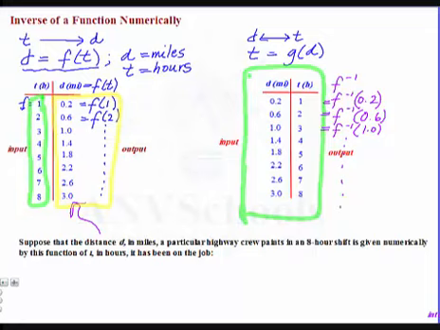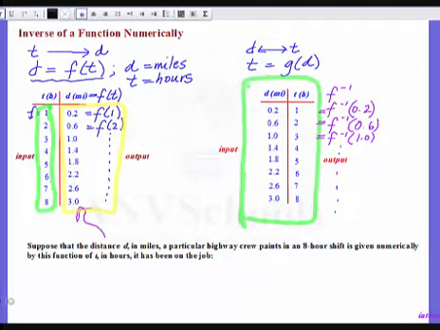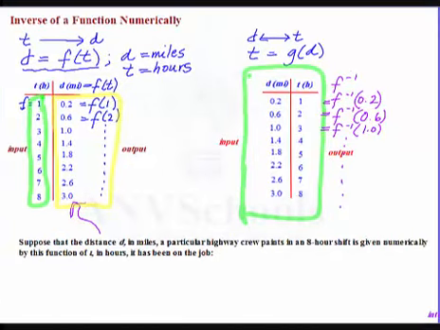As you notice, these two tables are presenting a somewhat distinctive characteristic, which is that they are inverses of each other. So f of t and g of d are inverses of each other.